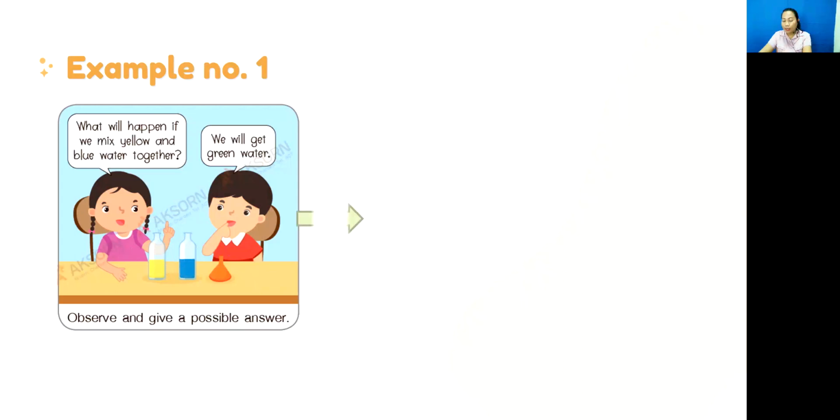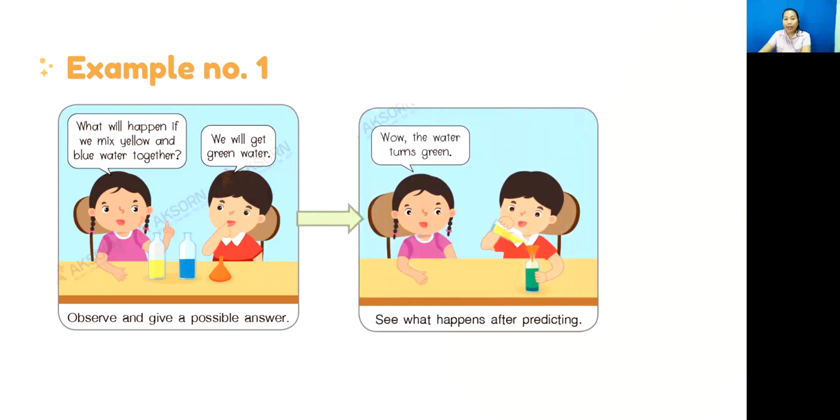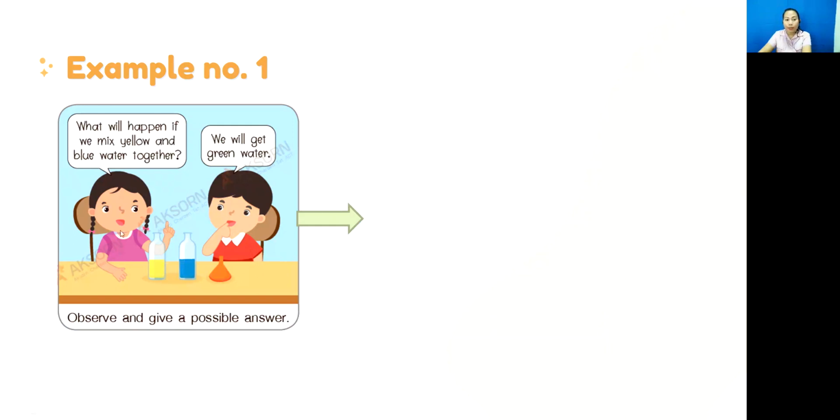Okay, very good. We can get the color green if we mix blue and yellow. So before they mixed it, they predicted, or they thought about it first.